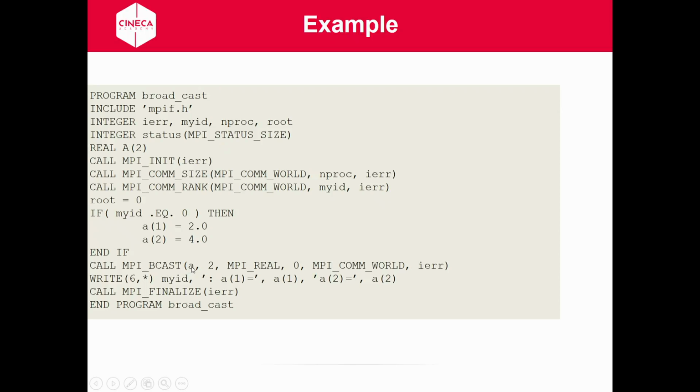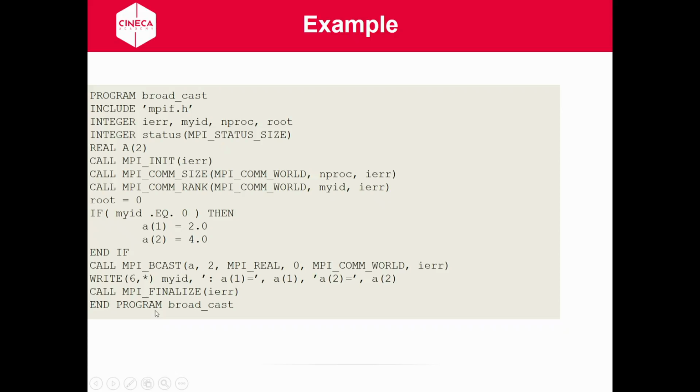using MPI bcast. The first element is A, the name of the variable, the number of elements that are contained in A, the type of the variable, MPI real in this case.